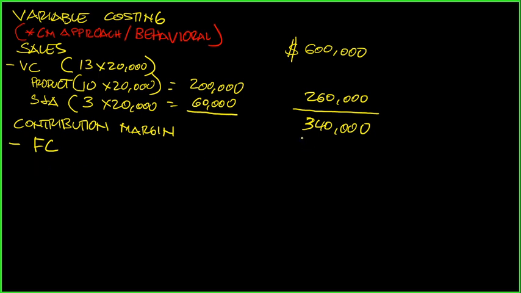This is actually the first line of defense. As long as your contribution margin is positive, there's a chance that you will have a net income. Especially if you're operating above the break-even point, sigurado that you will have a net income. But that's a different lesson.